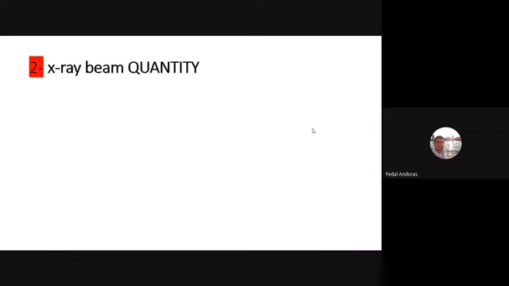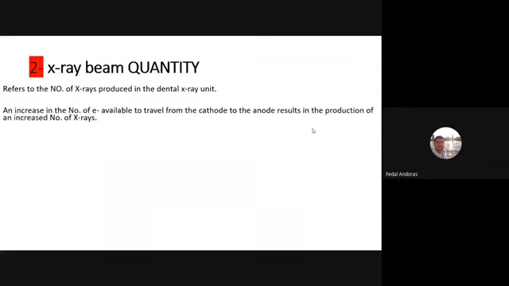Now, X-ray beam quantity. What do you mean by that? It refers to the number of X-rays produced in the dental X-ray unit. The first one was about speed and power, penetrating power. An increase in the number of electrons available to travel from the cathode, the tungsten filament, to the anode results in the production of an increased number of X-rays.